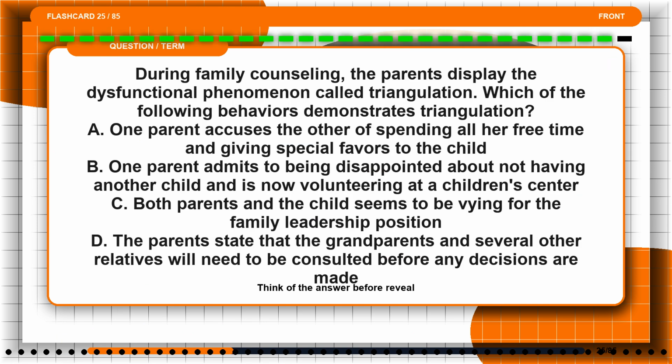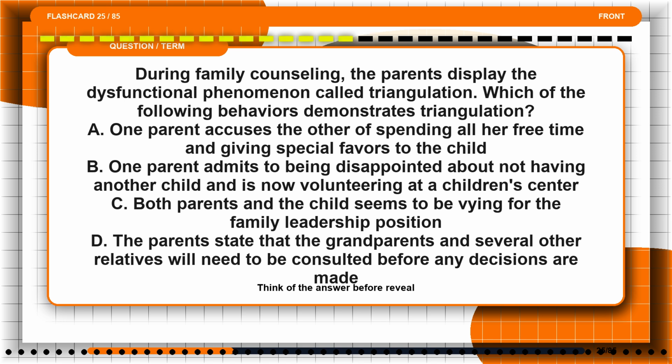Flashcard 25. During family counseling, the parents display the dysfunctional phenomenon called triangulation. Which of the following behaviors demonstrates triangulation? A. One parent accuses the other of spending all her free time and giving special favors to the child.